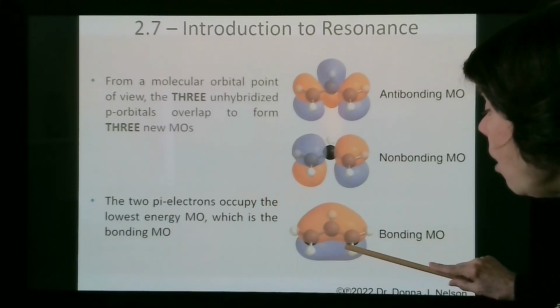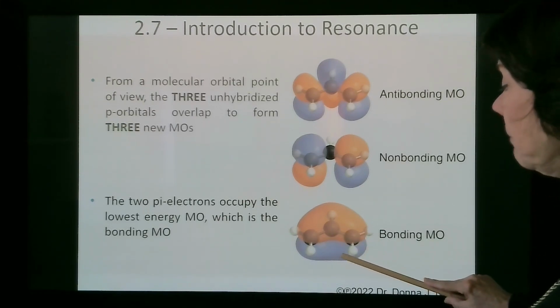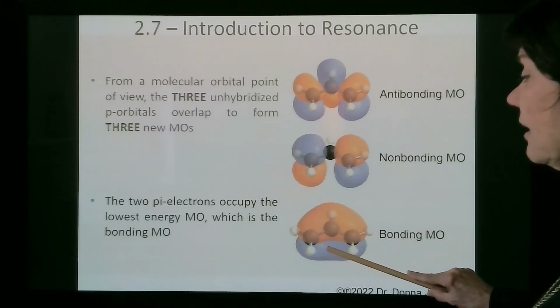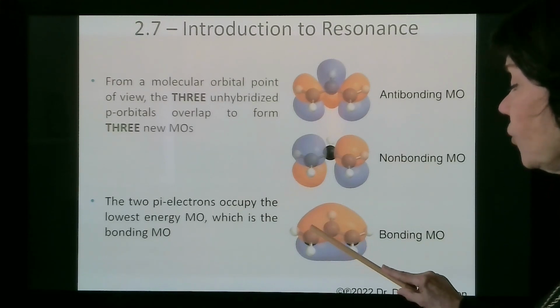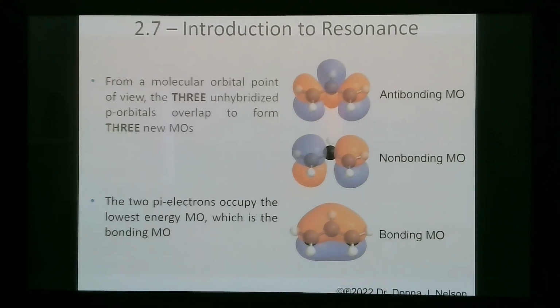And here you see below the plane of the atoms, below the plane of the sigma system, you can see the other lobe of this molecular orbital. Do you see how this goes across the atoms? This orbital is not localized on individual atoms. This is a molecular orbital. So this molecular orbital is a bonding molecular orbital. Notice there are no nodes in this molecular orbital. And you have the top portion and the bottom portion.